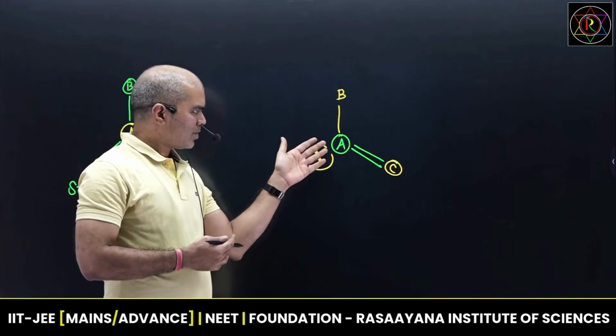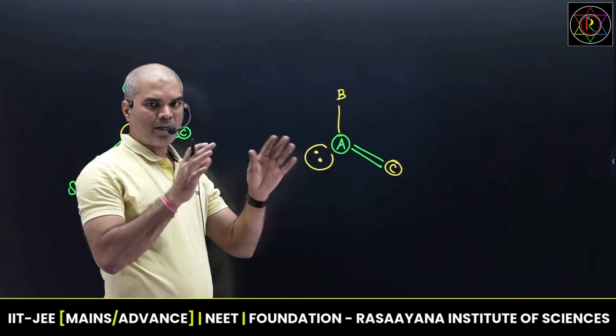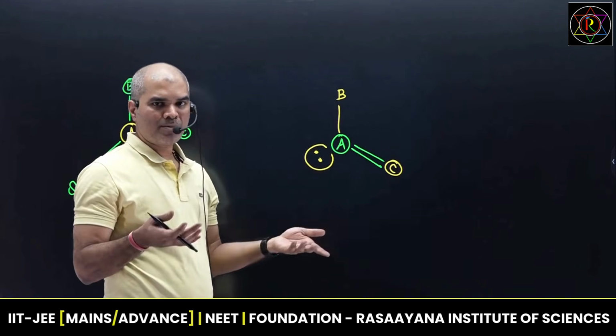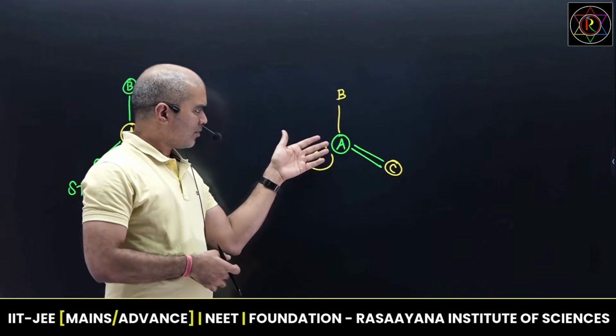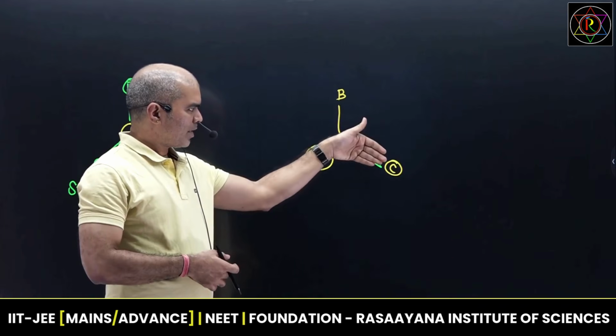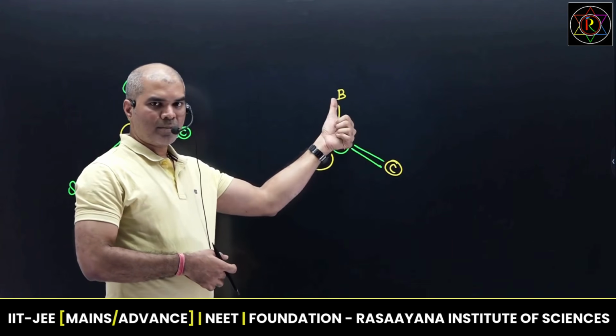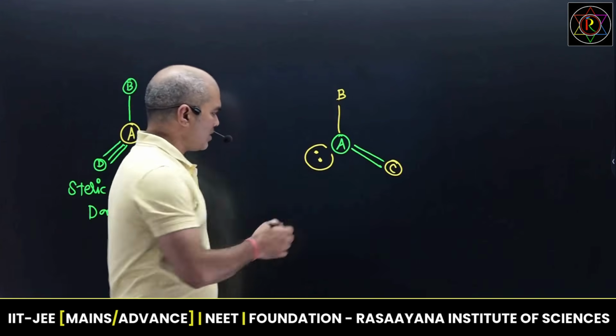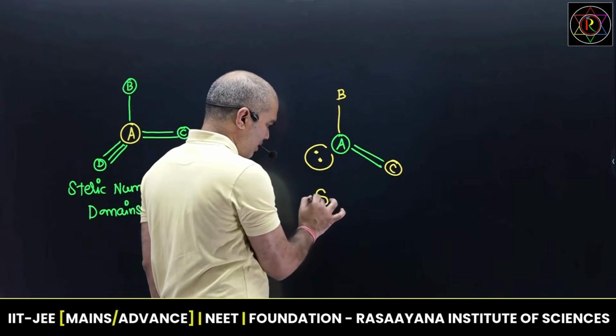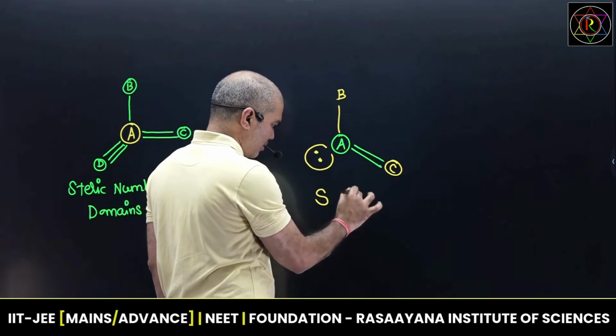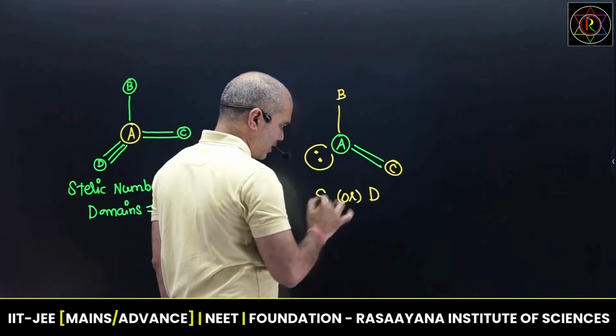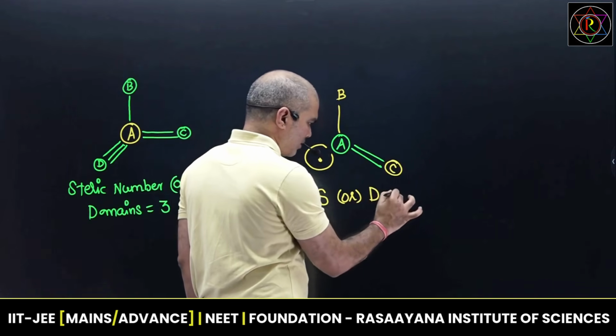So the lone pair will also occupy some space. It is a localized pair, therefore it will occupy more space. So this is occupying one domain, the double bond is occupying one domain, and the single bond is occupying another domain. So in this case, the steric number, which I am abbreviating as S, or the number of domains, which I am abbreviating as D, is equal to 3 again.